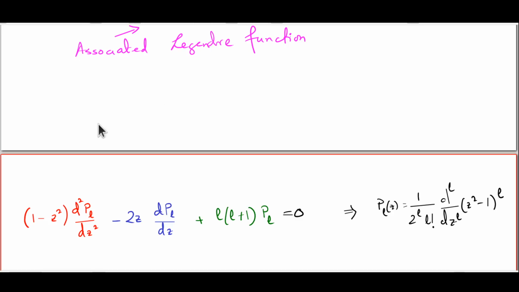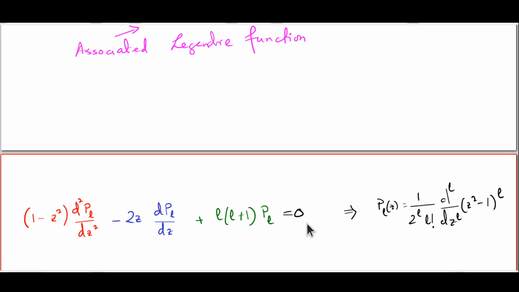Now what we do is we differentiate the Legendre equation itself |m| times, since you have to differentiate it a positive number of times, with respect to z successively.